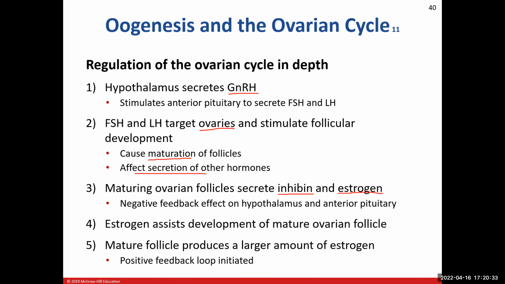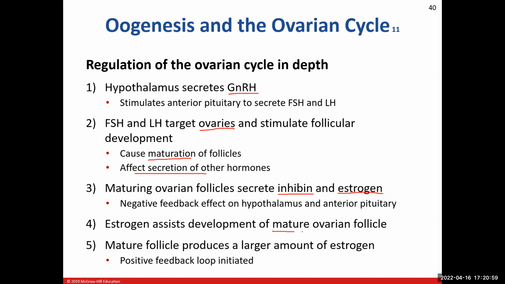Meanwhile, inhibin is effectively a negative feedback driver, and it's going to affect the hypothalamus and the anterior pituitary to decrease the release of FSH and LH.